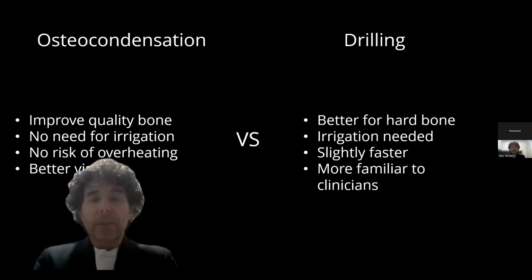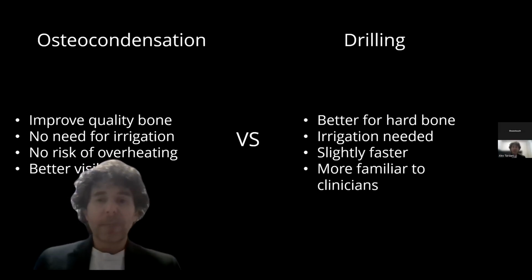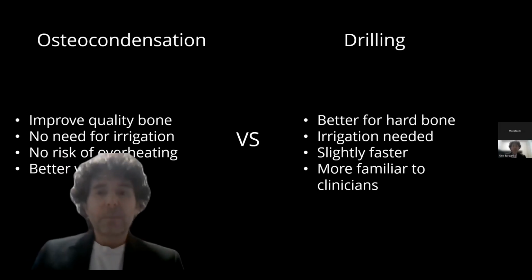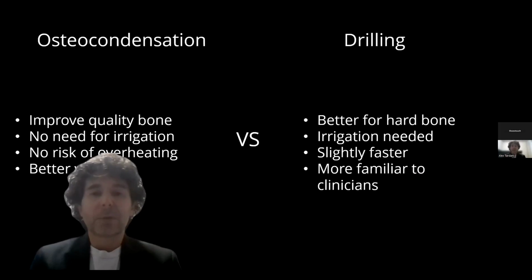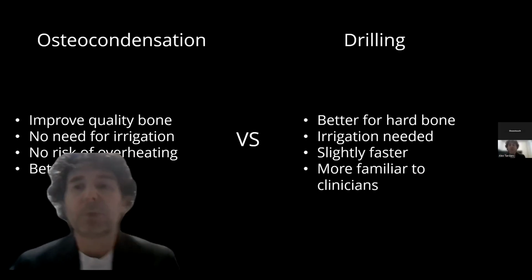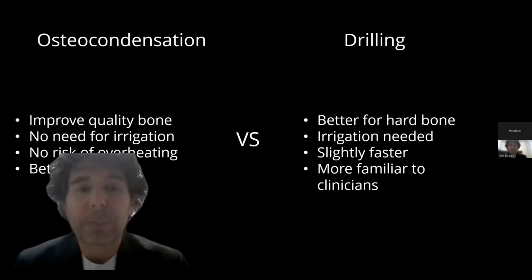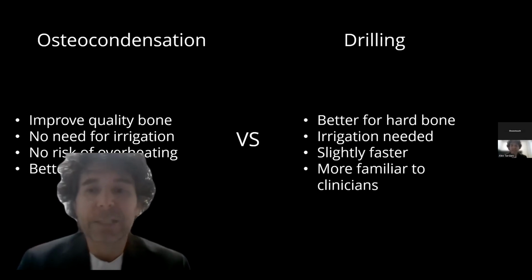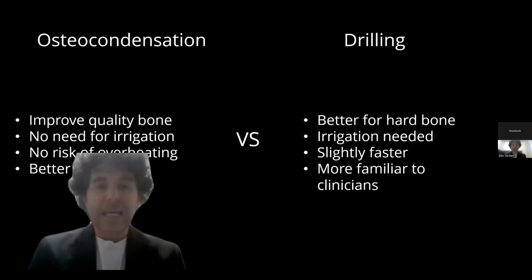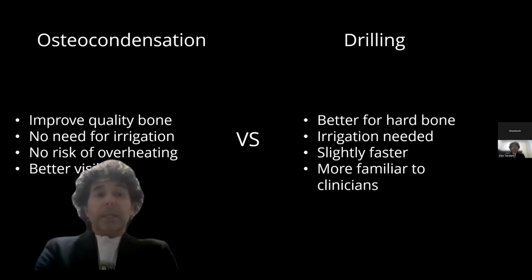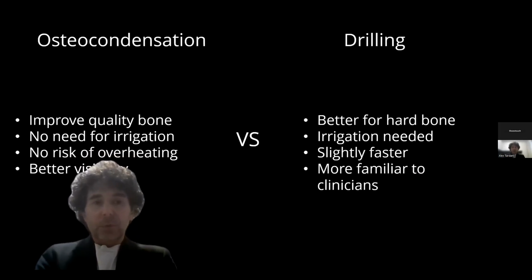Now let's see how we can combine these two advantages. So let's look at how to use guided surgery with bone condensation versus drills. What are the differences? Probably all of you watching already know this because you're interested in the magnetic mallet. But let's do a quick summary. With bone condensation, we certainly try to improve the bone quality.